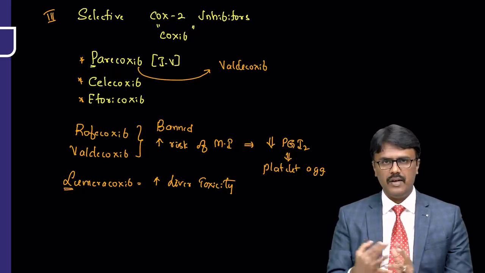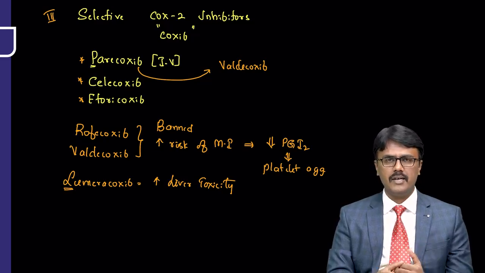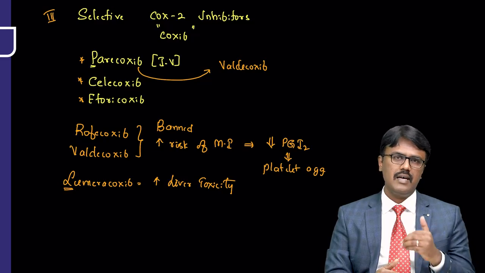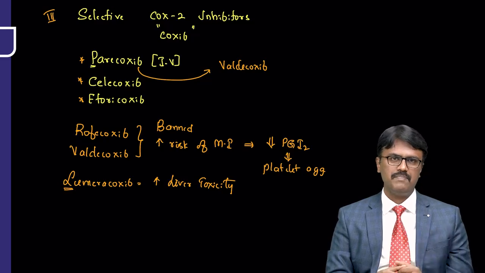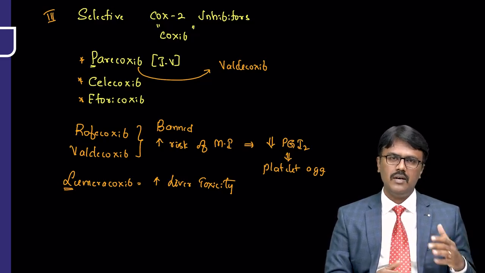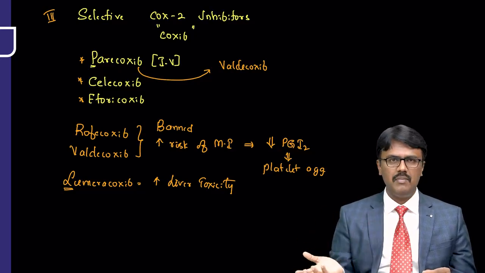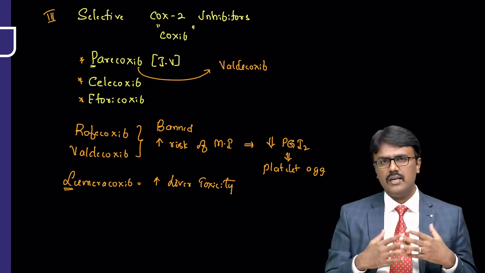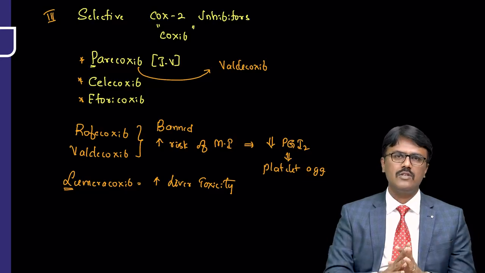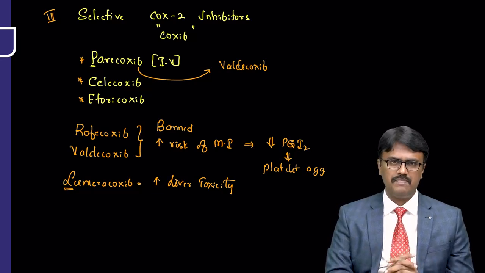So if I tell you in brief, NSAIDs, remember they are analgesic, antipyretic and anti-inflammatory drugs. Basically, they decrease the activity of prostaglandins, which are responsible for fever, pain and inflammation. The housekeeping and the good one is COX-1. The pathological or the inflammatory one is COX-2. But when we used NSAIDs in the beginning, we started blocking both, and there is a risk of gastritis, bleeding and analgesic nephropathy.